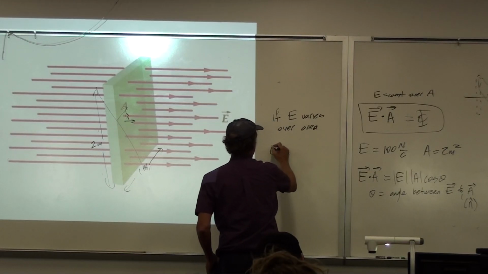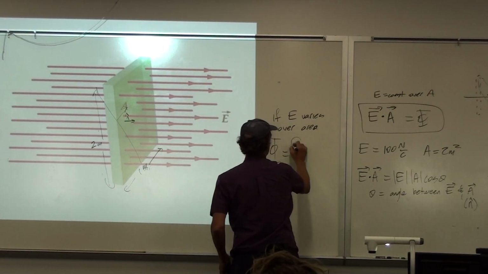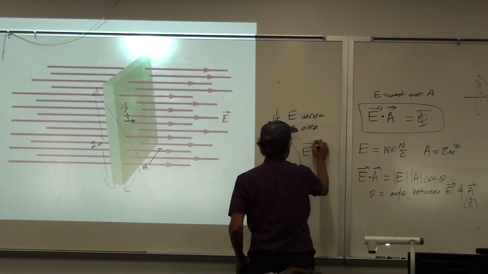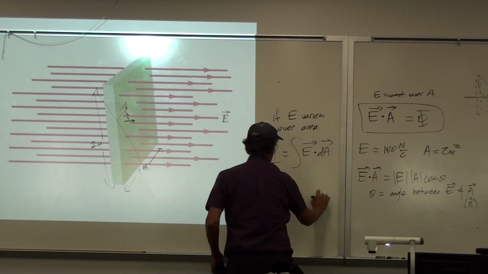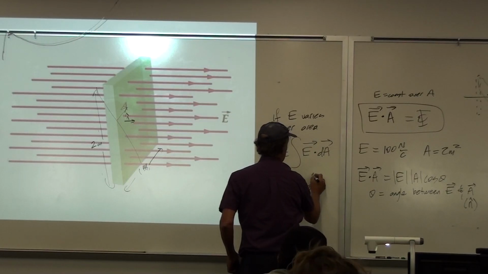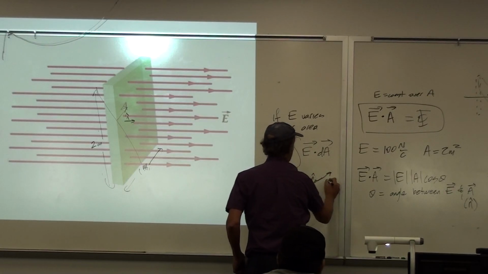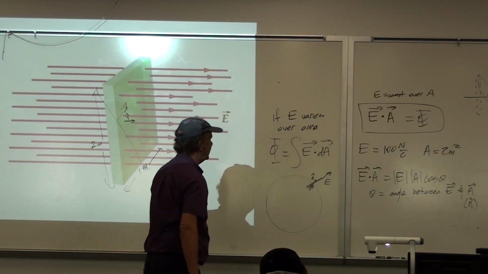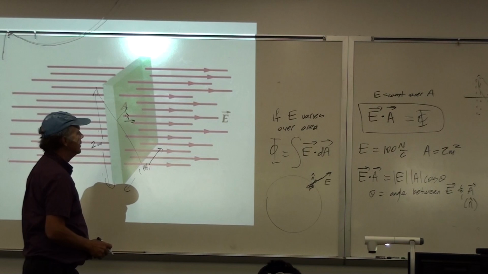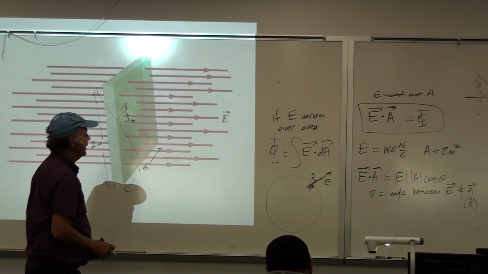So then we would have flux, and this is our more general expression, is the integral of E dot dA. Where at a particular point, you can have a little tiny bit of area, dA. You have a unit normal pointed away, and then an electric field that would have some orientation with respect to that area. And then you'd have to sum them all up to get the total flux.